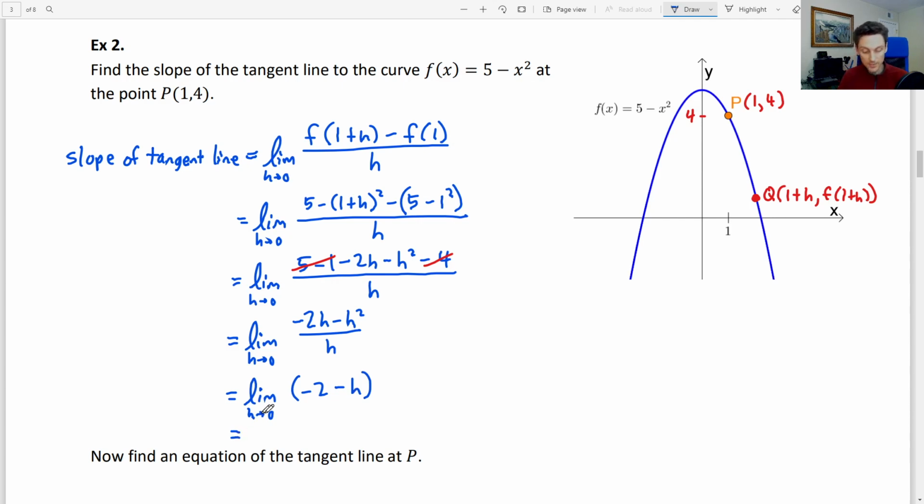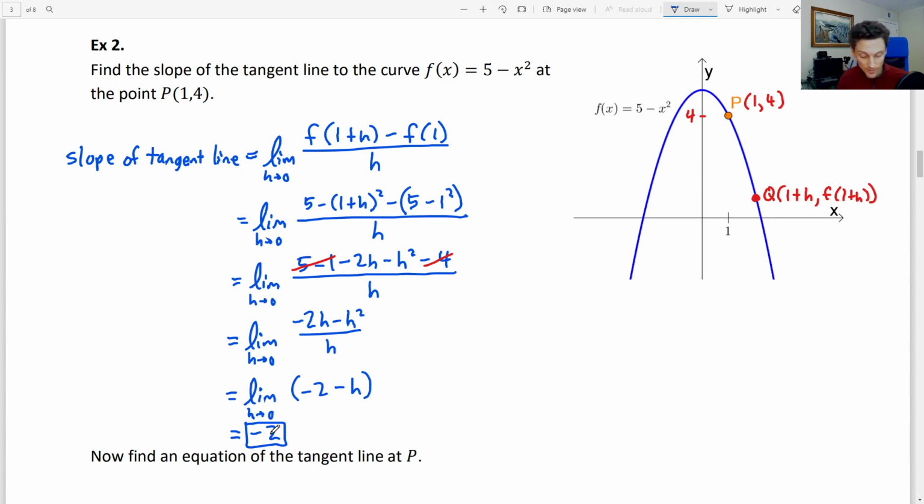So now what's the limit as h approaches 0 of negative 2 minus h? Negative 2. There, all we did is, to find the limit of a polynomial, we plug in what the variable is approaching. So replace h with 0, and we've got negative 2 minus 0, which is negative 2.